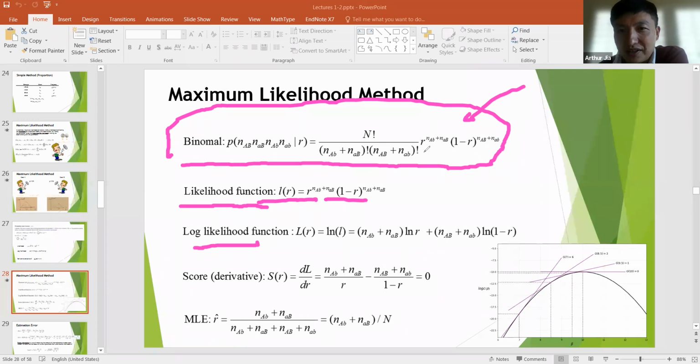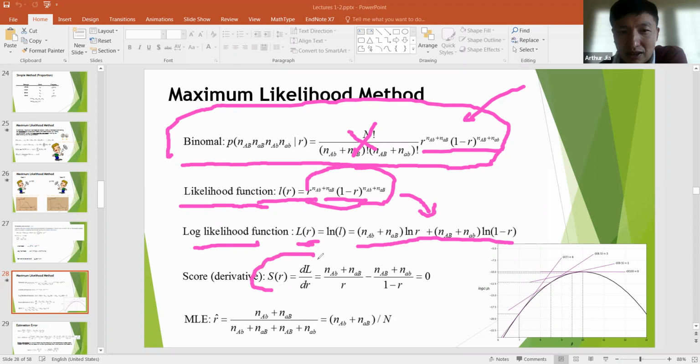The core part is here. This is a constant, so usually we do not worry about this. We just take the log likelihood, and then we will get this from here, right? Once we have the log likelihood, we do the first derivative to get the score function, and we set this equal to 0.